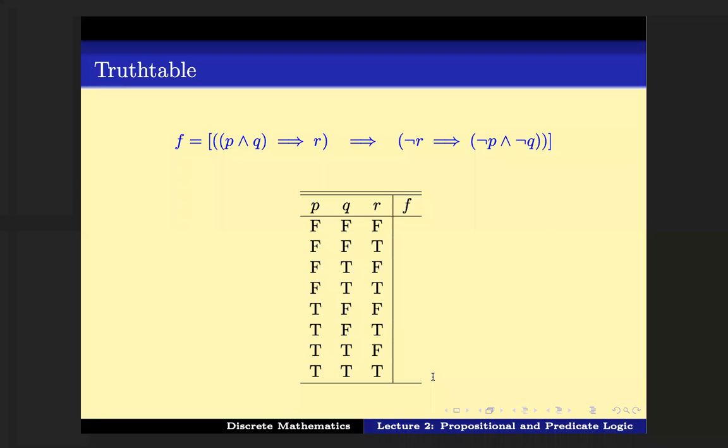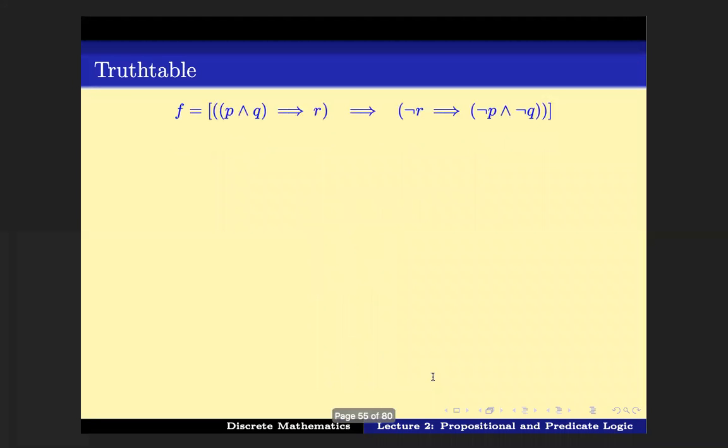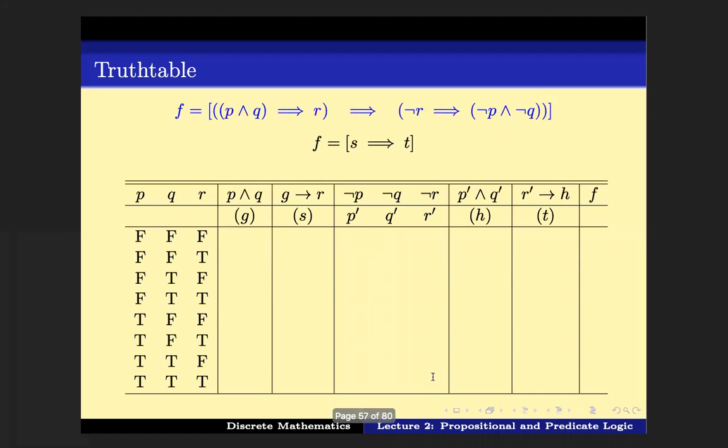Here is a step-by-step way of doing it. We can think of this part as S, this part as T, and then F basically becomes S implies T. Actually, forget this S, there are bad notations over here.